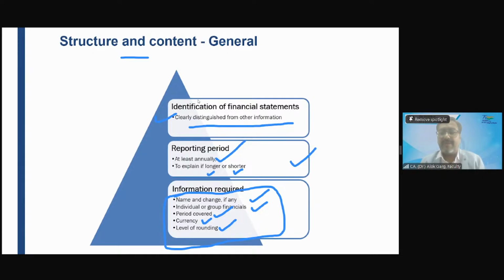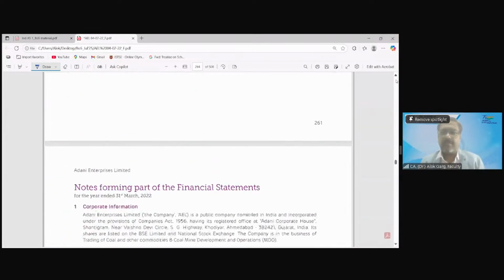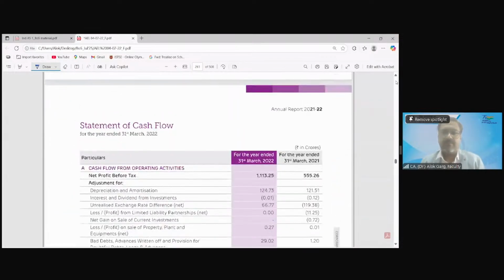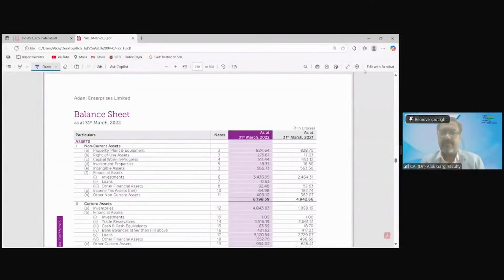So let me show you the balance sheet of Adani Enterprises Limited. Big balance sheet. See, Adani Enterprises, name of the company, period, right? Rupees in crores, okay?